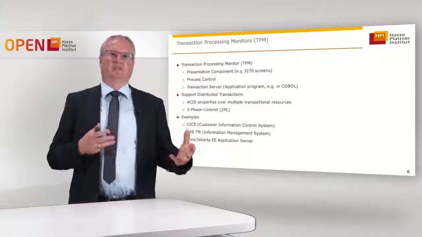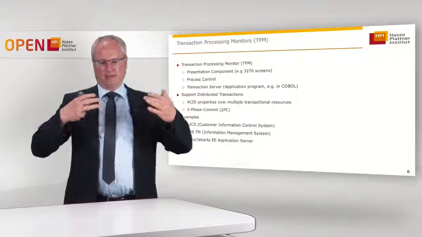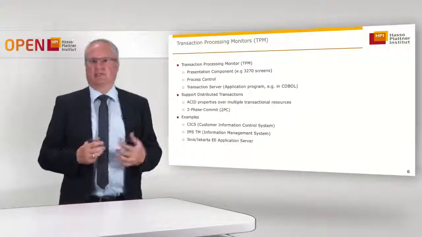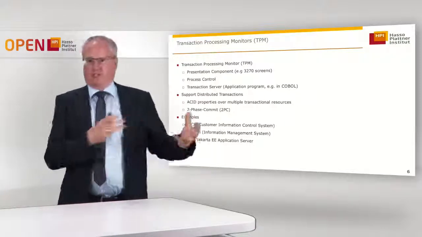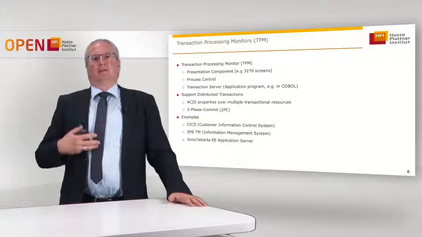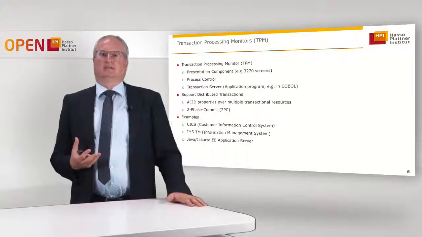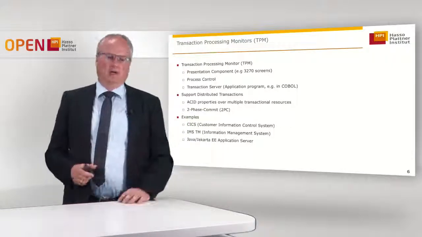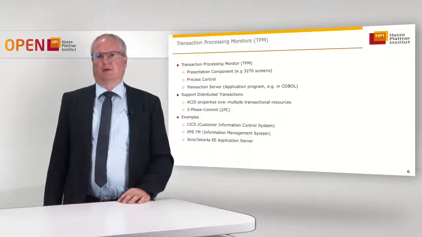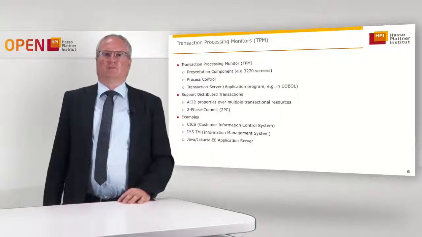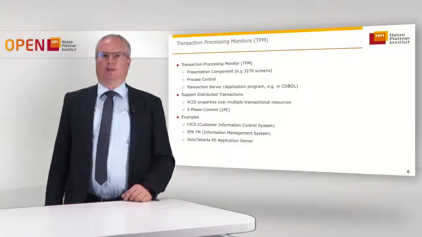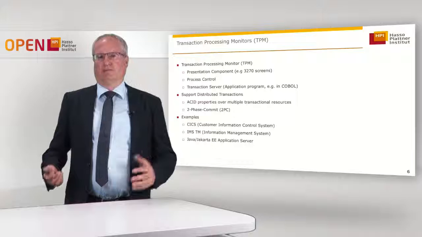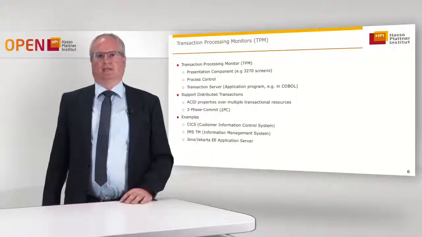Regarding the concept, it's very similar to a classical TPM, just for the Java world. So transaction processing monitors appear in different kinds, and in the following of this chapter of the course, we will have a deeper look at the different types of transaction processing monitor software environments for COBOL, for Java, and so on.